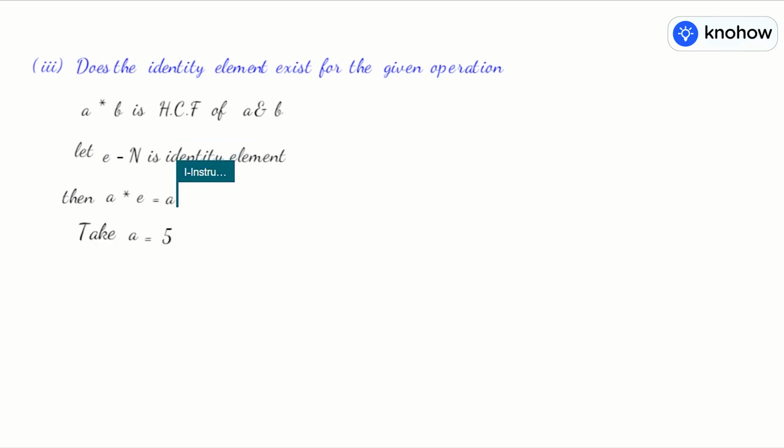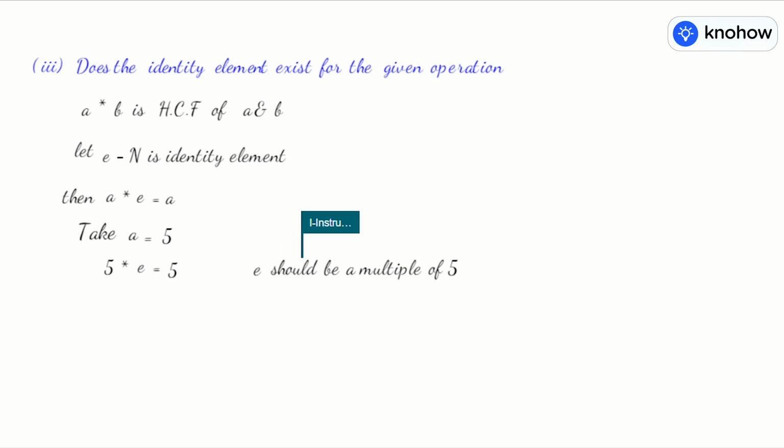Take an example. Suppose I take 5. So 5 star E should be equal to 5. Do you have any natural number whose HCF with 5 will remain 5? Yes, I have. That is 10. Suppose I take 10. The HCF of 5 with 10 will remain 5. But it should be unique.